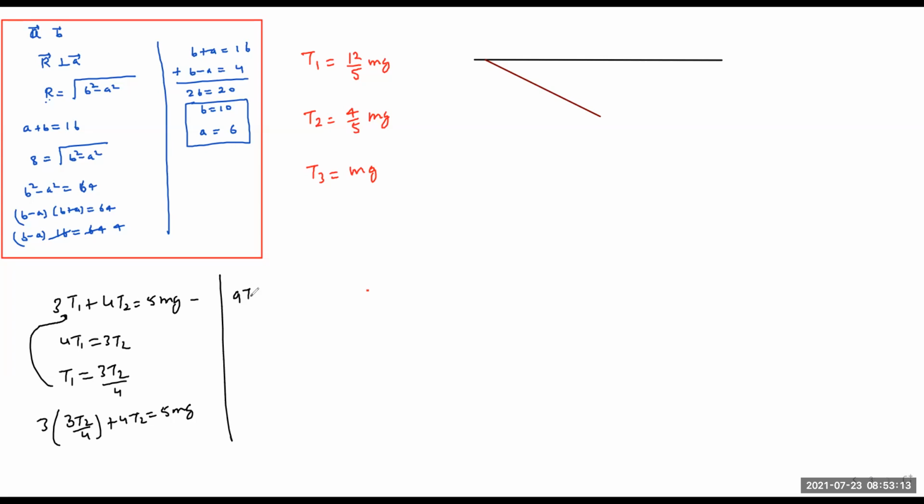So 9T2 plus 16T2 upon 4 is 5 mg. So 25T2 is 20 mg. So T2 is 4 mg by 5.